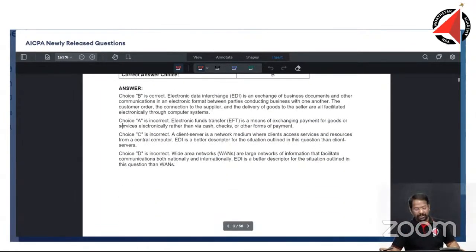All the 4 options that you see here are issued by AICPA only. These 4 options are not written by anybody except AICPA. So AICPA wants you to understand why a statement is right or why an option is incorrect.